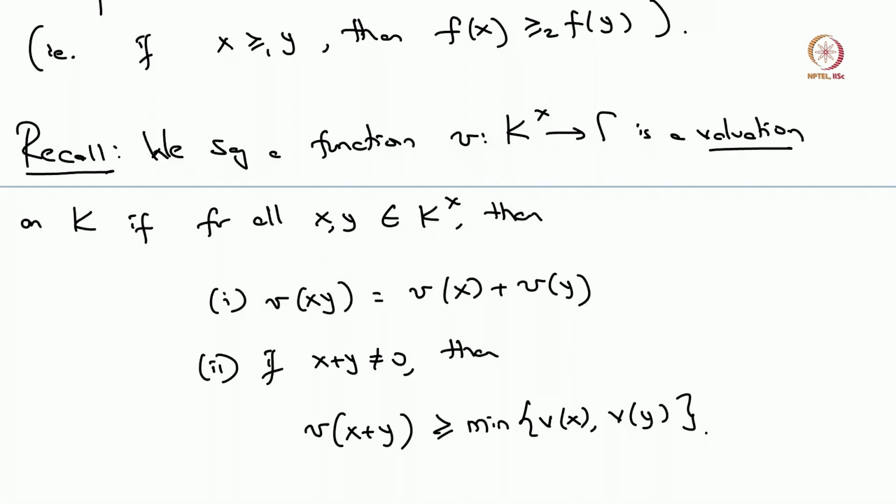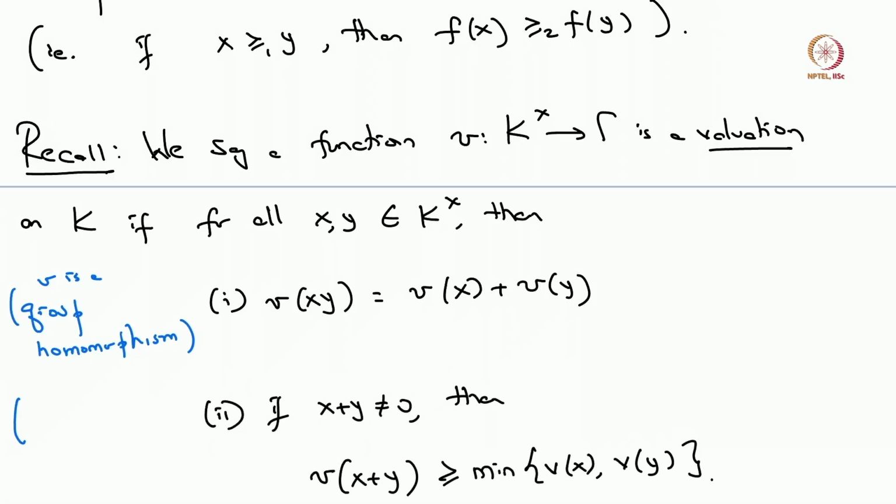The first property is just saying that v is a group homomorphism, and the second property is what's called the ultrametric property.